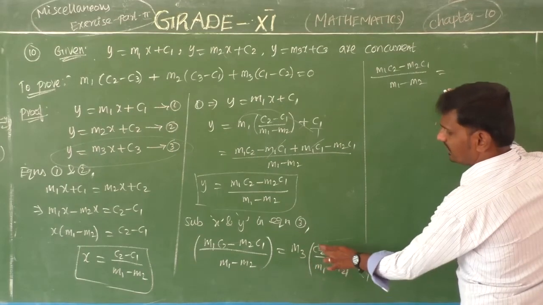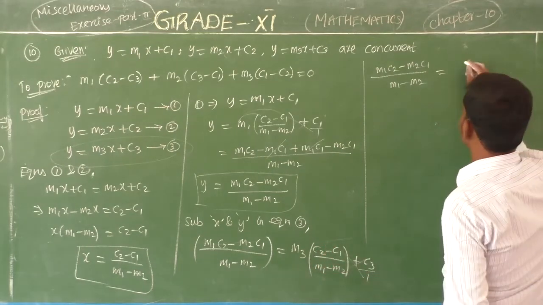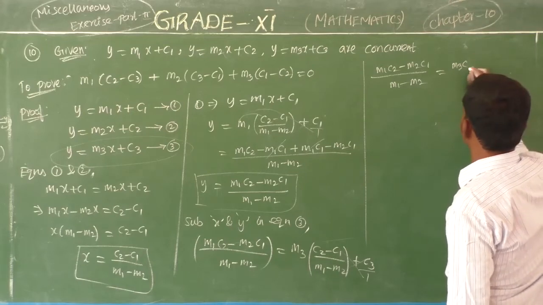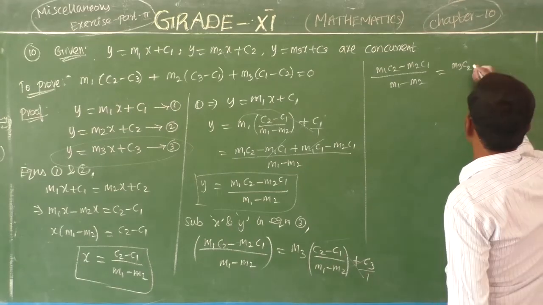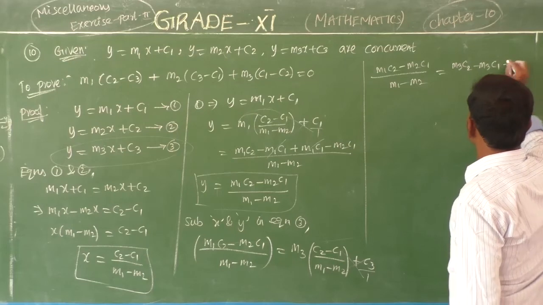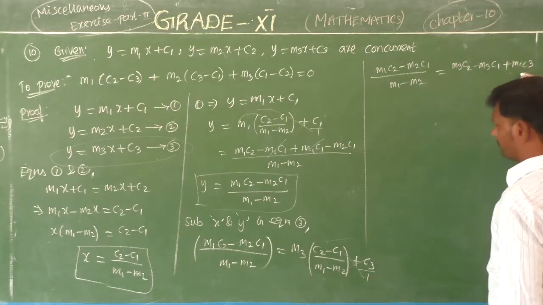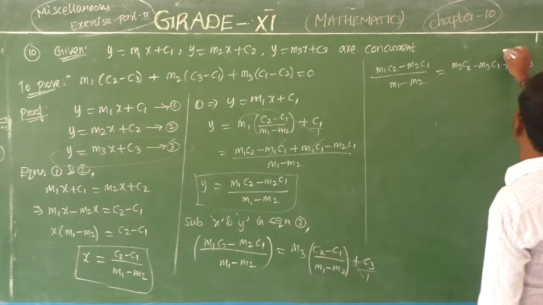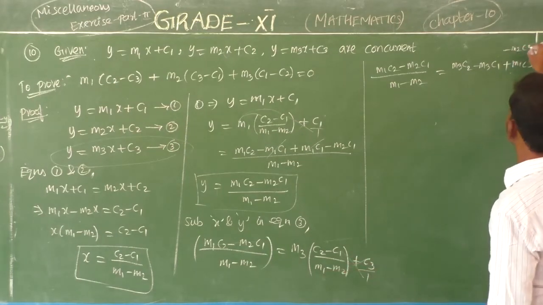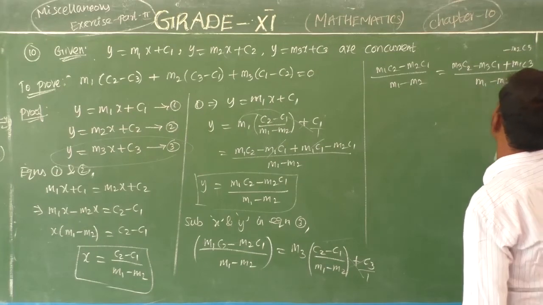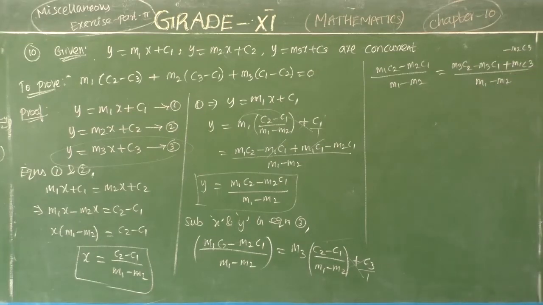I am going to multiply these two terms: m3c2 minus m3c1 plus m1c3 minus m2c3, whole divided by m1 minus m2. Is anything cancelled now? Check, students.